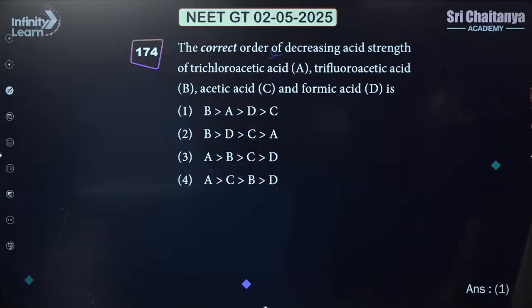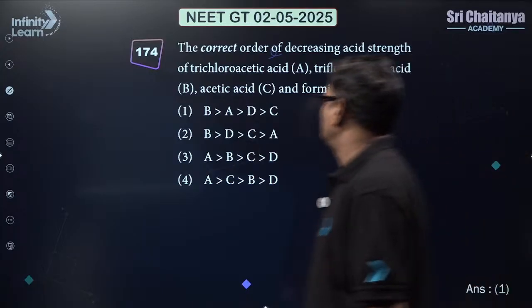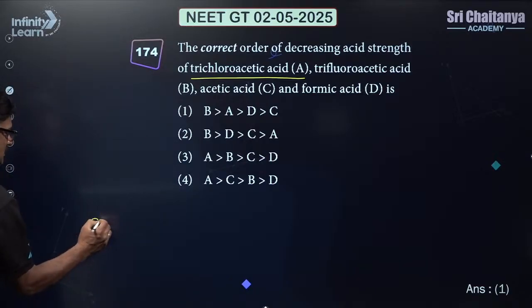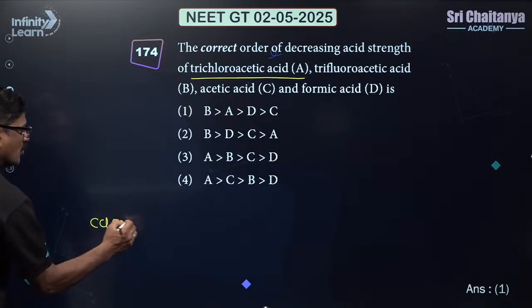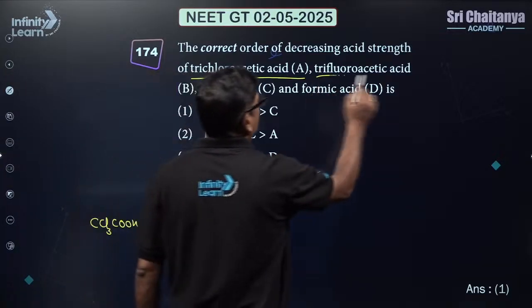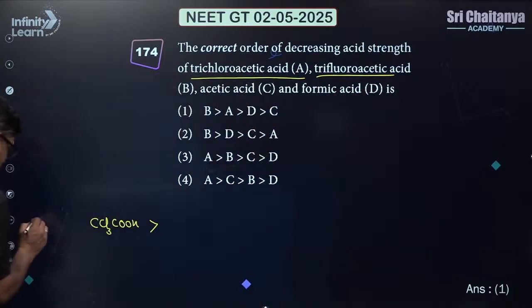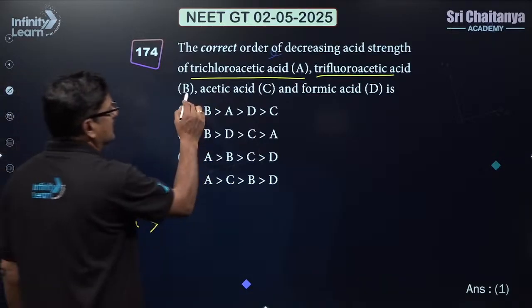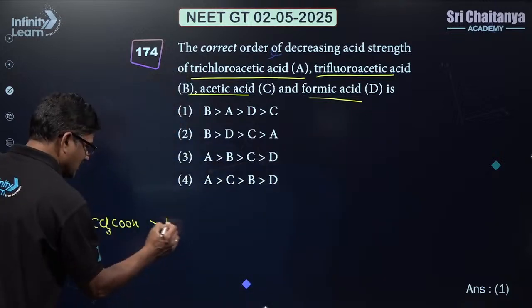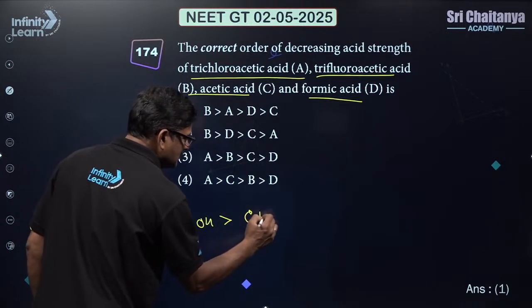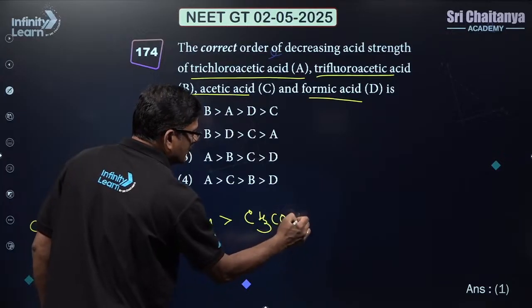Next question. The correct order of decreasing acidic strength: trichloroacetic acid, CCl3COOH, is greater than trifluoroacetic acid, CF3COOH, which is greater than formic acid, HCOOH, which is greater than acetic acid, CH3COOH.